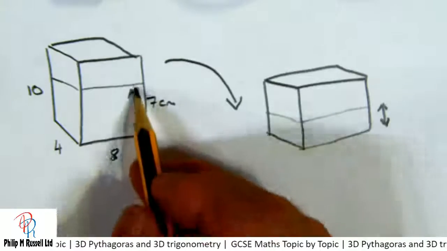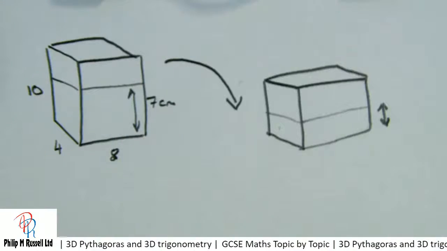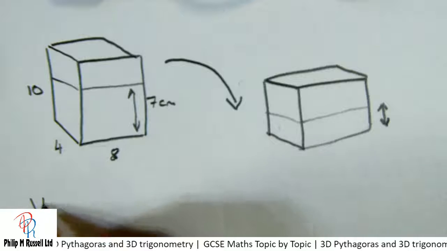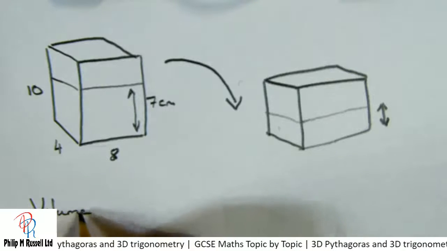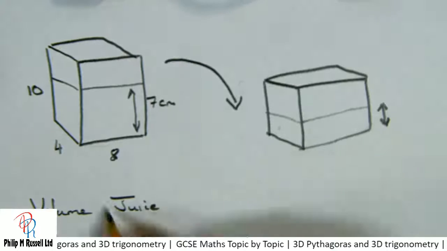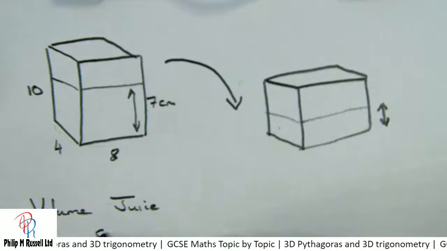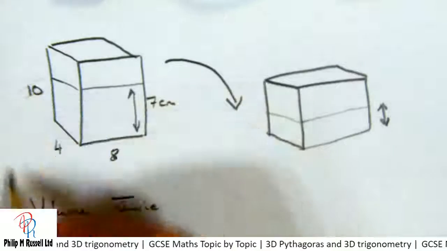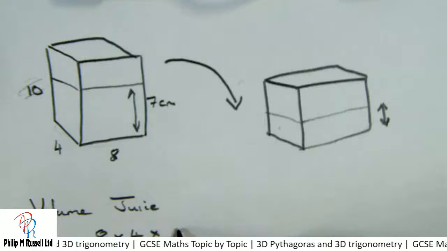Well, if I know this is 7 centimeters high, let's work out the volume. So we're going to work out the volume of juice, and this is going to be 4 times 8 times, forget the 10, it's not important here, by 7.